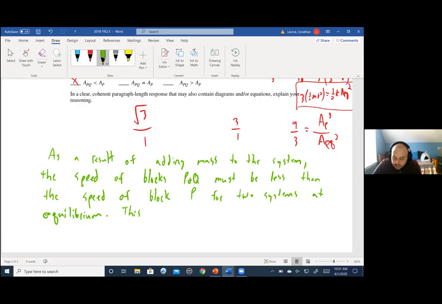This must be true to satisfy the law of conservation of momentum.